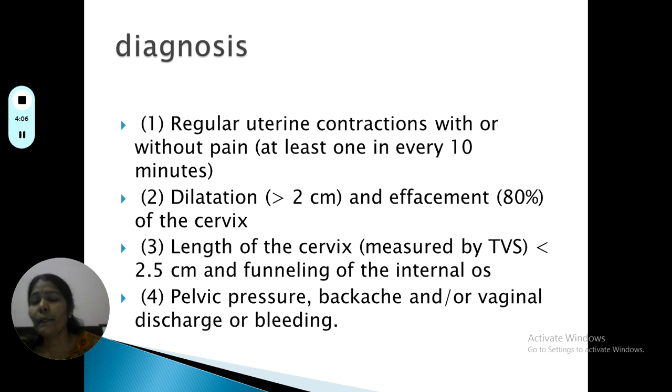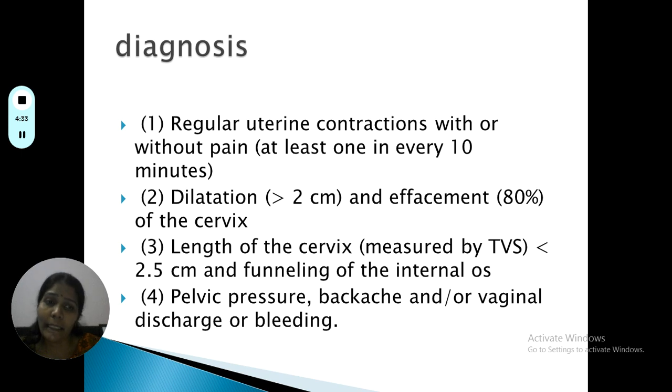So how do you diagnose? When a patient has come to us complaining of pain, how will we diagnose that the patient is in preterm labor? She will have regular uterine contractions with or without pain, at least one in every 10 minutes. We can diagnose this by palpating the abdomen or the uterus and with the help of a toco. So that is one thing, regular uterine contractions. Dilatation and effacement of the cervix.